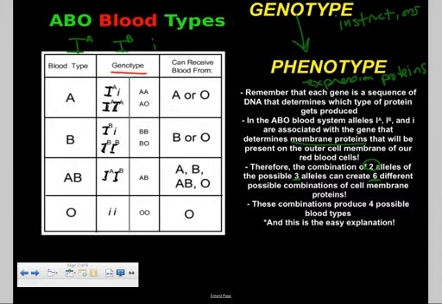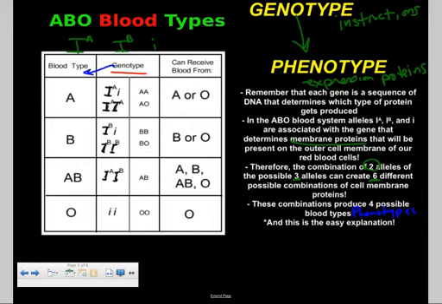And remember that the genotype determines the phenotype. In this case, our phenotype is what type of blood we are. And from this, we get 4 possible blood types, or 4 possible phenotypes. Okay, and this is the easy explanation. So go over this a couple more times.